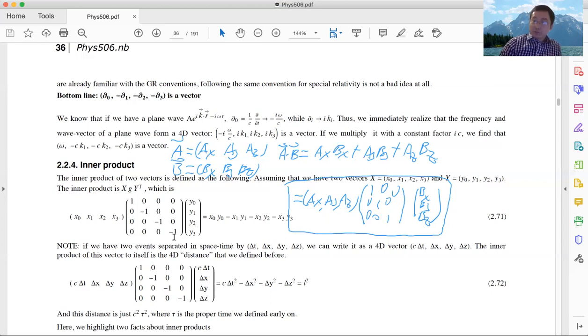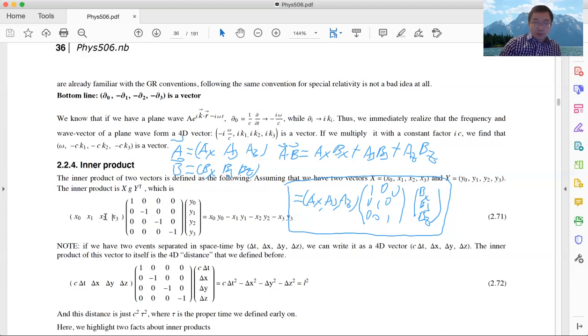So in four dimensions, the inner product is defined this way. If we have a 4-dimensional vector x and a 4-dimensional vector y, and we want to construct the inner product between these two quantities, we have the x vector as a row vector, the y vector as a column vector, and we multiply the metric tensor in the middle.